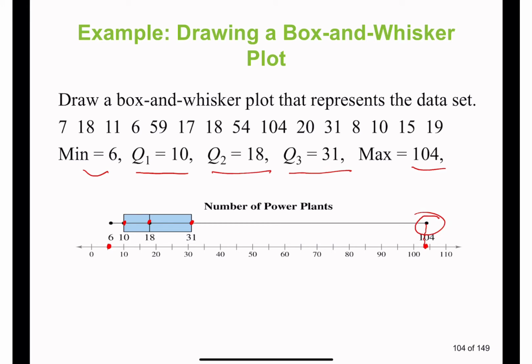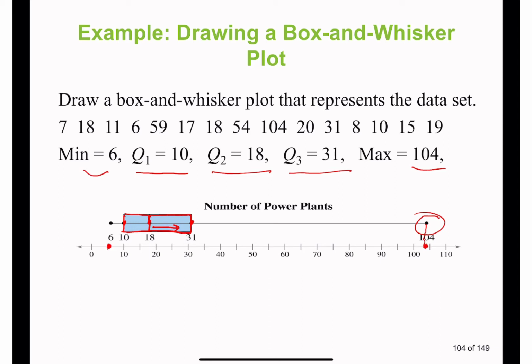So this is where data are centralized in the box and whisker plot. This is where our data are centralized, and because this median, you see, looks skewed towards the upper part of the box, we call that the data are skewed towards higher numbers, which means the mean is skewed towards higher numbers.